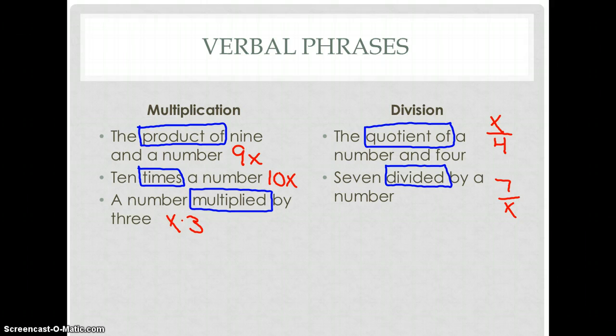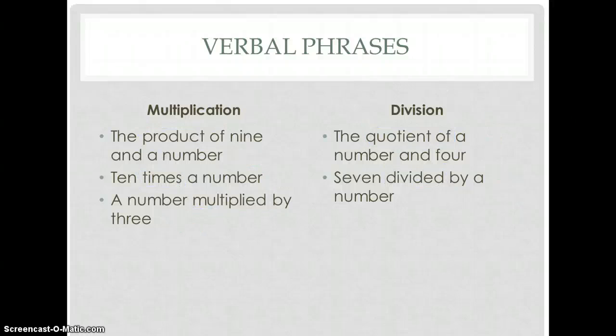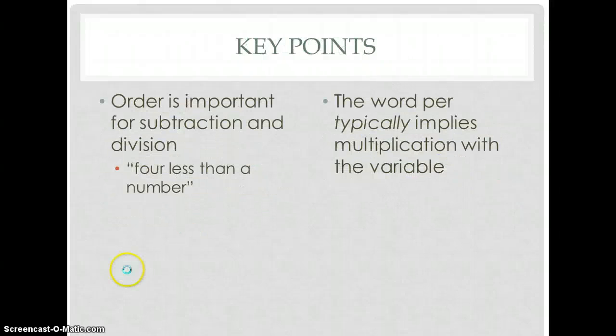If we think of x as 12 here, 12 over 4 is equal to 3. 4 over 12 is only 1/3. So those are different. That's why the order in division is important. What's on top and what's on the bottom of the fraction bar is very, very important.